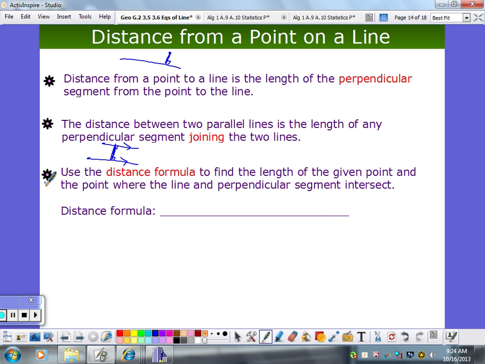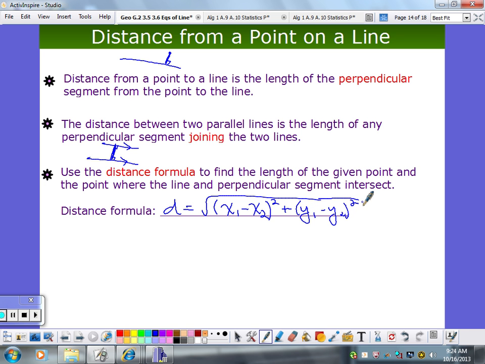And you use the distance formula to find the length of a line segment, right? Who remembers the distance formula? Nisha, what is it? Squared plus y1 minus y2 squared.